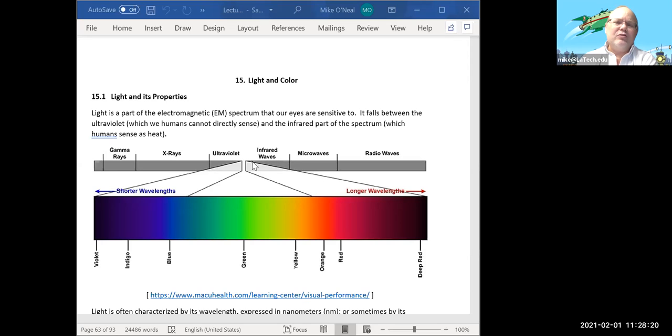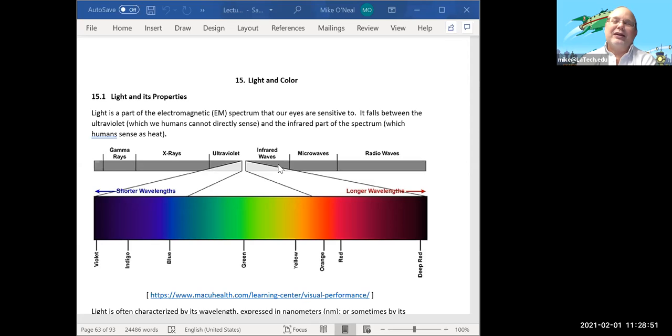Humans can actually sense infrared, though not at the resolution that we can sense light. How do we sense the infrared? Anybody know in chat? How do humans sense infrared? It's warm. Exactly. You detect infrared as heat. We have skin, and we have these little pain sensors.